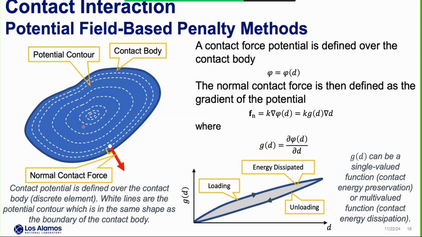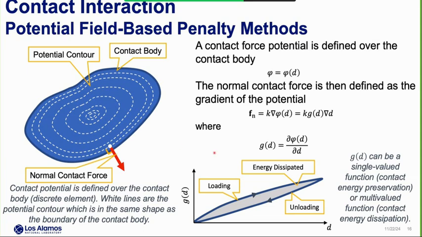So in HOSS, we implemented pretension field-based penalty method. As demonstrated in this picture, with this method, we first define the pretension over contact body. And we then define the normal contact force as a function of a gradient of the pretension. One advantage of this approach is that we can easily construct different contact laws.